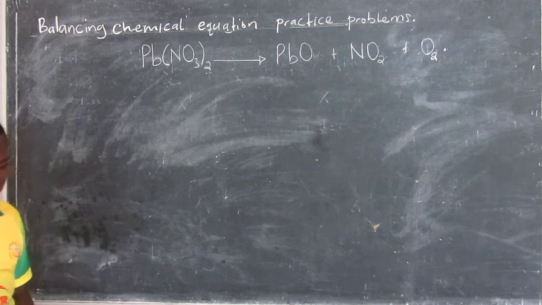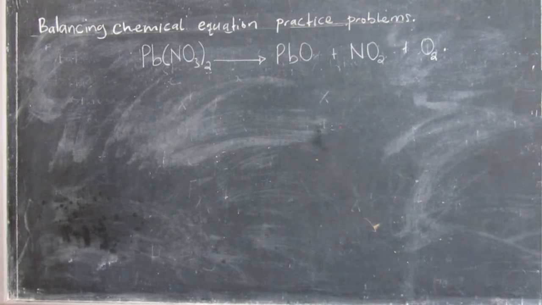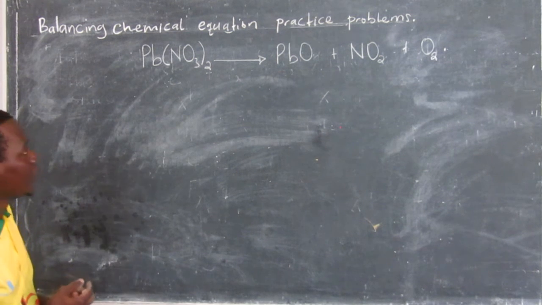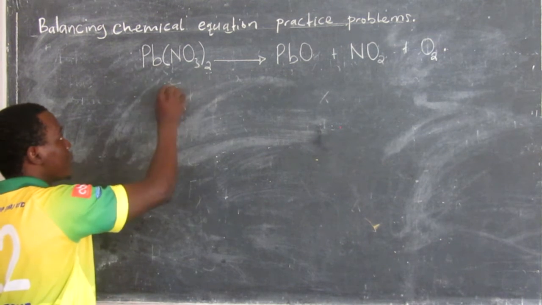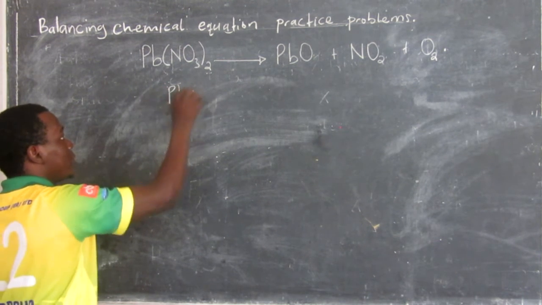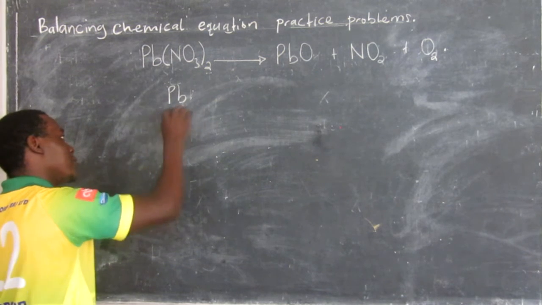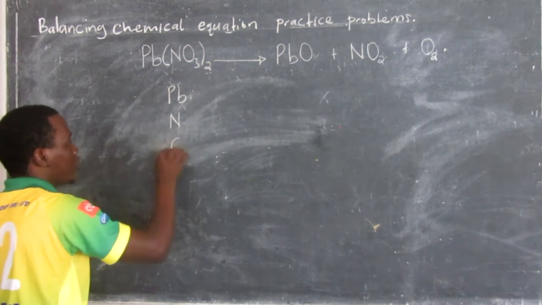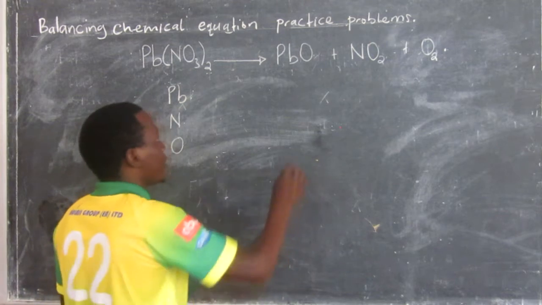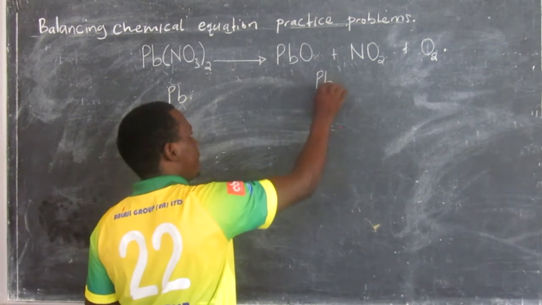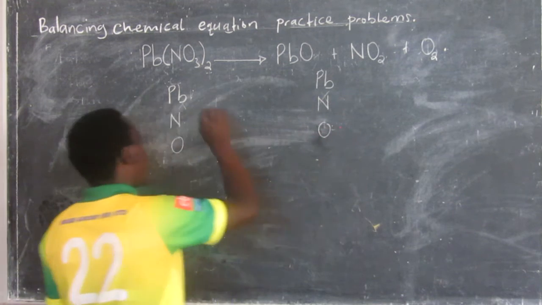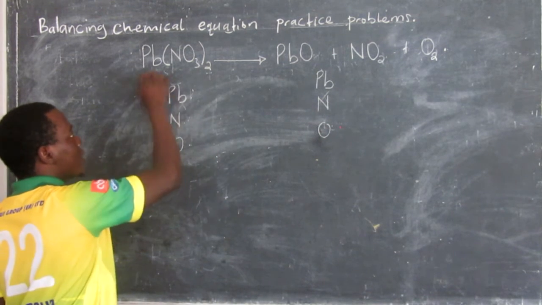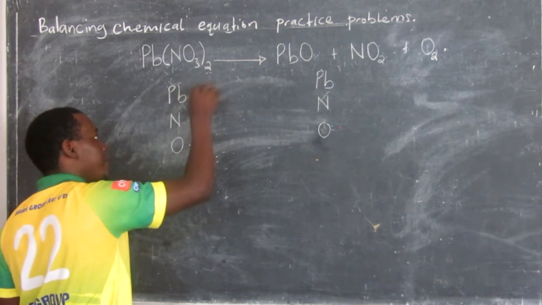Okay, we have this equation here. We want to balance it so we can understand how we can balance it. Here we have elements present. We have lead, we have nitrogen, also we have oxygen. On this side we shall have lead, nitrogen, and also oxygen. In this case we have 1 lead.